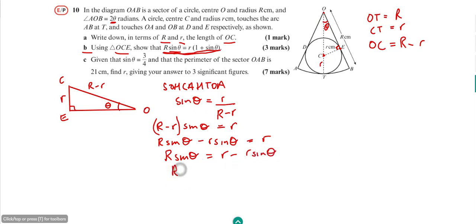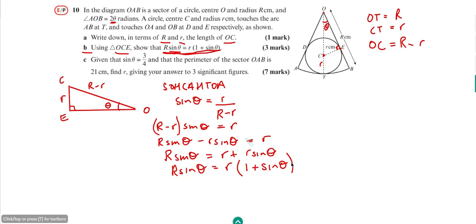Factorise the right hand side. And there we go, we've done it. So that's part B done.